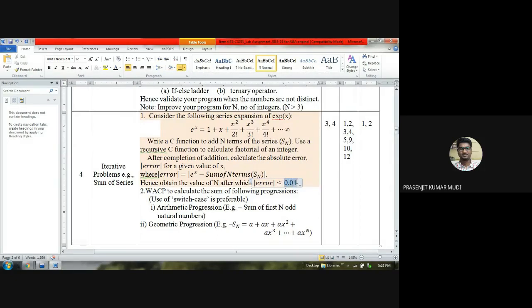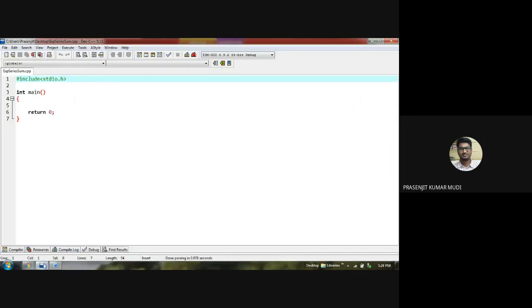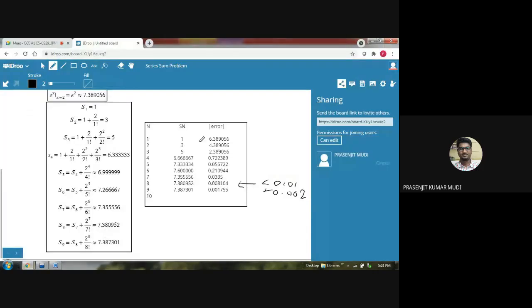Here the threshold error is given 0.01. So what should be the value of n so that the error becomes less than or equal to 0.01? From this hand calculation, the minimum value of n is 8, so that we achieve an error of 0.008104, which is less than 0.01.